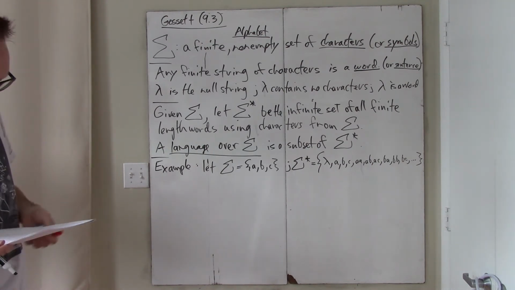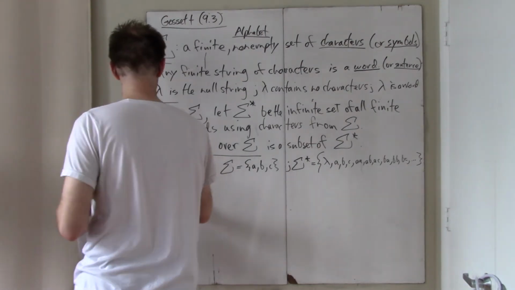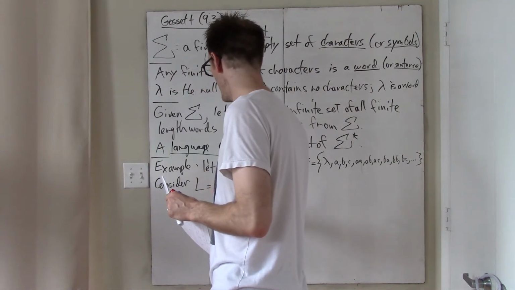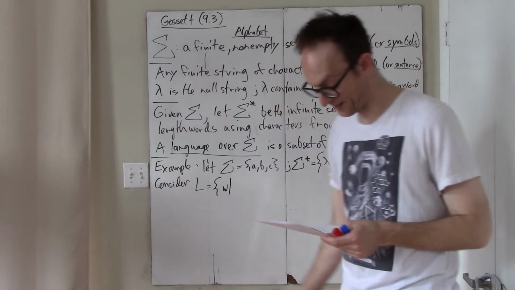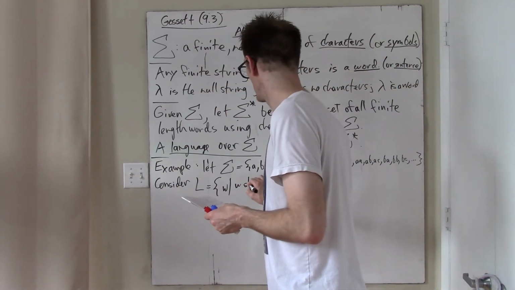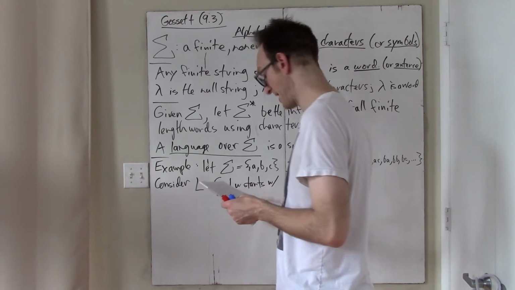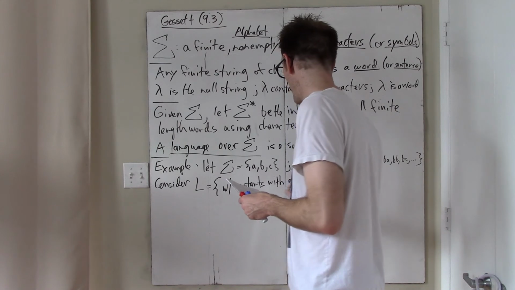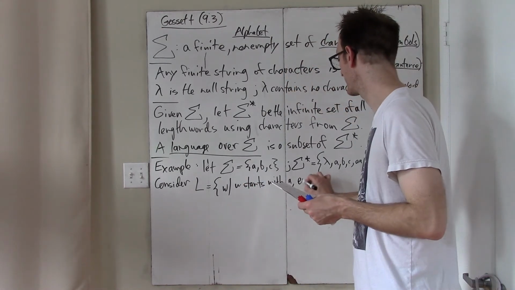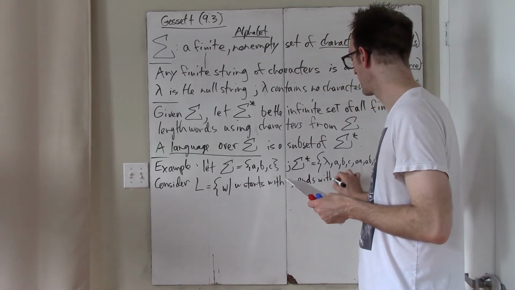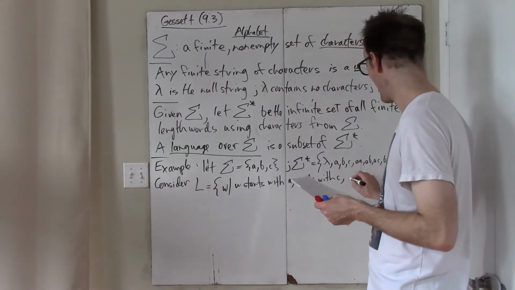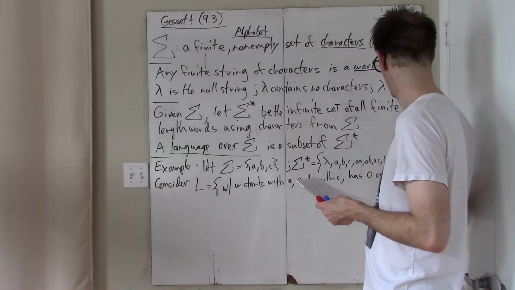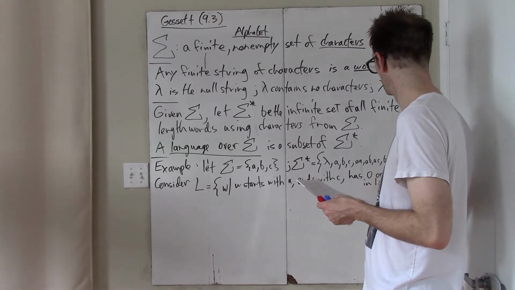Now, consider the following language. Consider the language L, which is all the strings W such that W starts with A, ends with C, and has 0 or more B's in the middle.